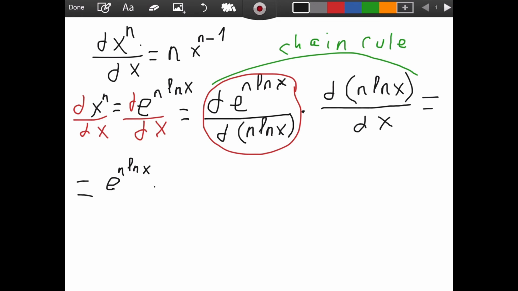And what is the second derivative? Well, what we need to notice first is that n here is a constant, so we can just take it out of the derivative. Now we just have the derivative of ln x with respect to x, and this is equal to 1 over x.